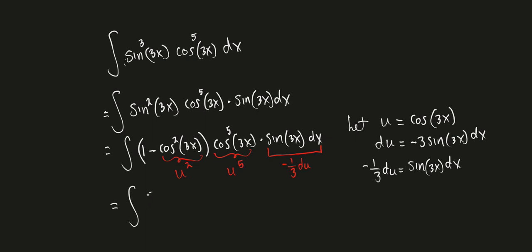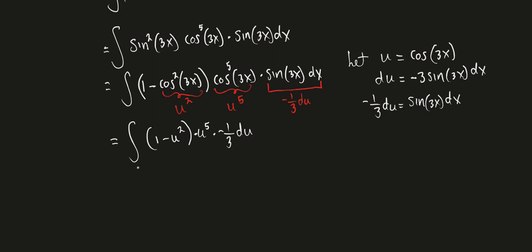So this is the integral of 1 minus u squared, that quantity, times u to the 5th, and then times negative 1/3 du. So we can factor out the negative 1/3, we can distribute the u to the 5th, and this is what it looks like: negative 1/3 times the integral of u to the 5th minus u to the 7th du.